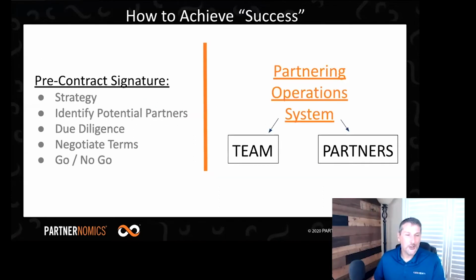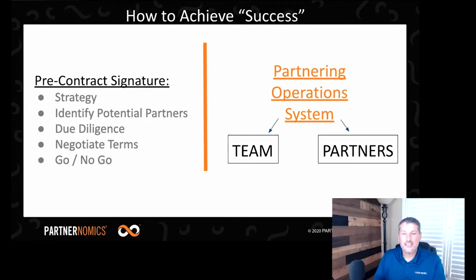As I had mentioned to you, we view this world of partnering in two different hemispheres. One is this pre-contract signature piece that is not the focus for today, but the other, this operating system, is the focus for today. And this operating system is broken into two pieces. The first component is the team.